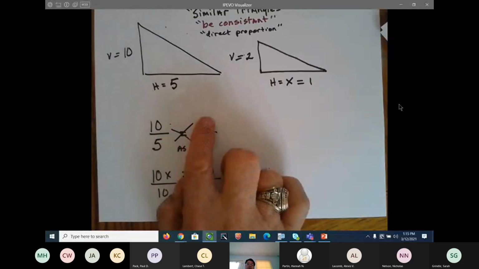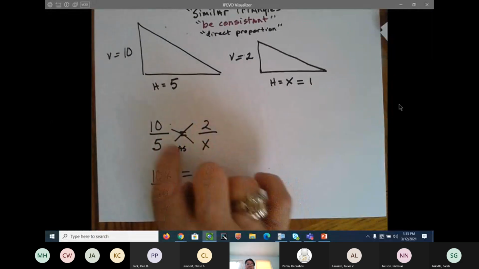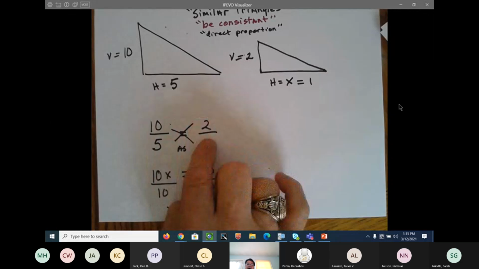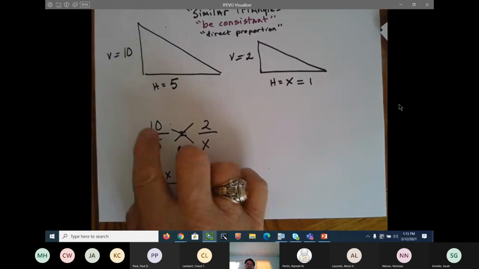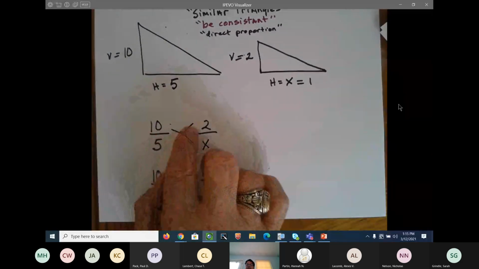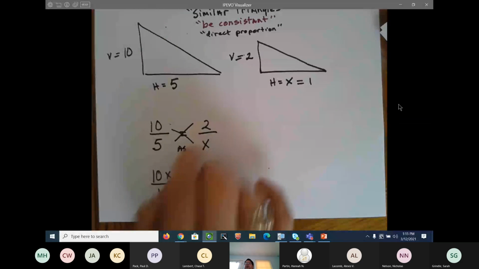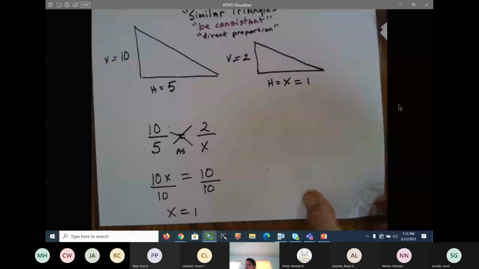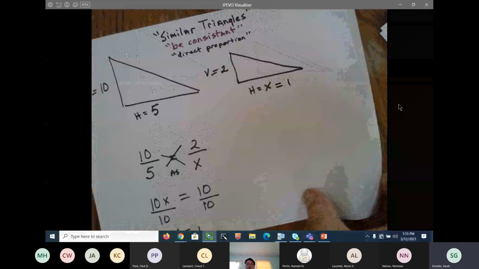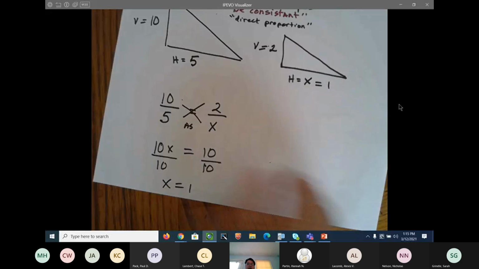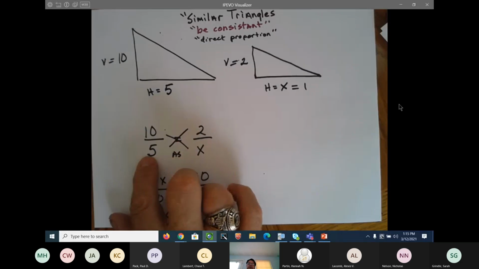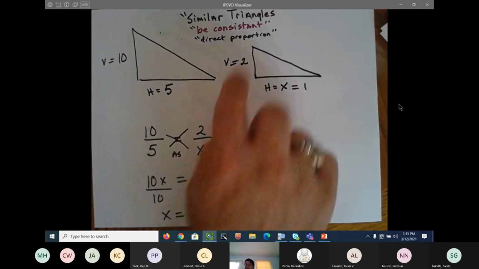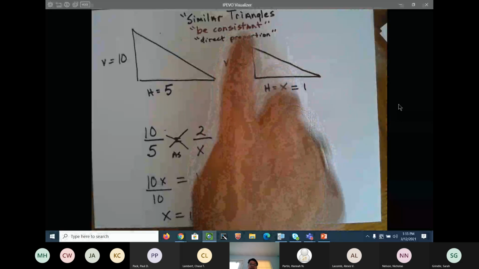You could have said 1 is to 5 as 2 is to 10. You could have said 5 is to 1 as 10 is to 2. You could have set it up 4 or 5 different ways. And what did you get? You got 1. Be consistent. Whatever you set up on the left, you set the same proportion on the right. You got to be consistent. That's the type of question I would have asked.